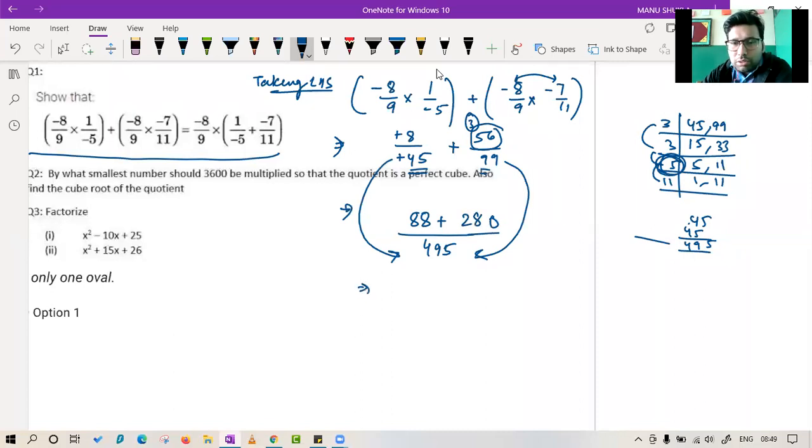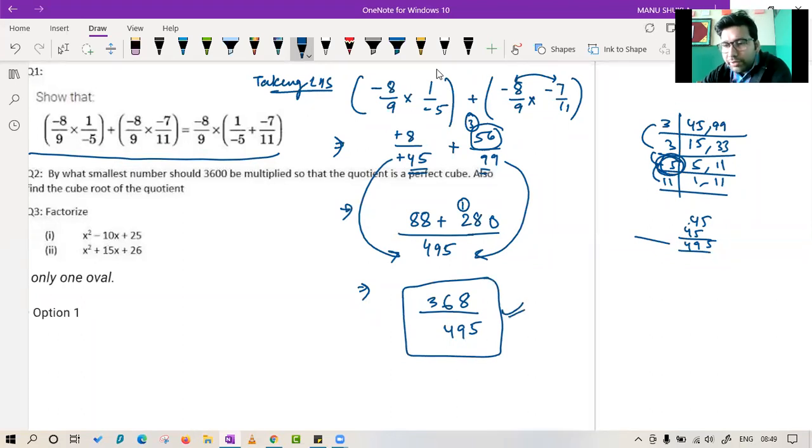So we have got 88 plus 280, that is 368 upon 495. So class, this is the answer of the left hand side that we have got. Similarly, you will solve the right hand side.